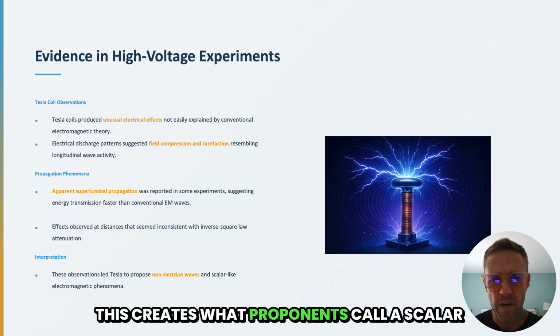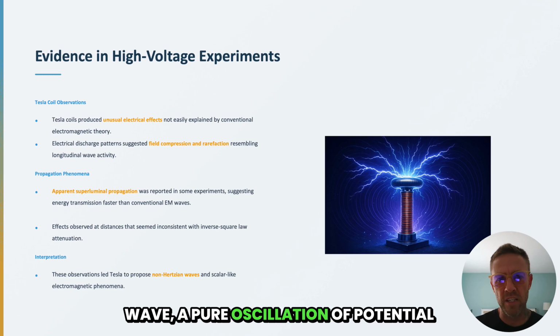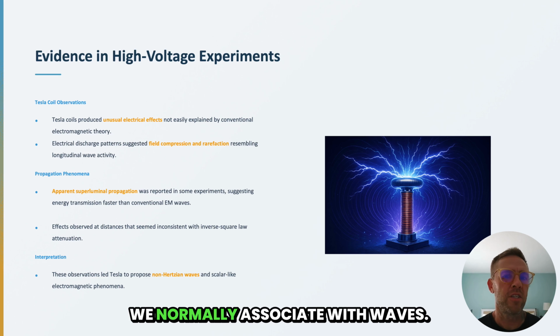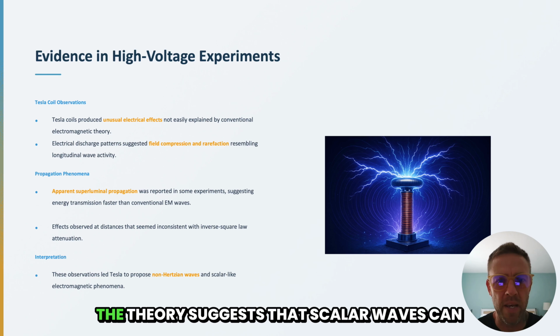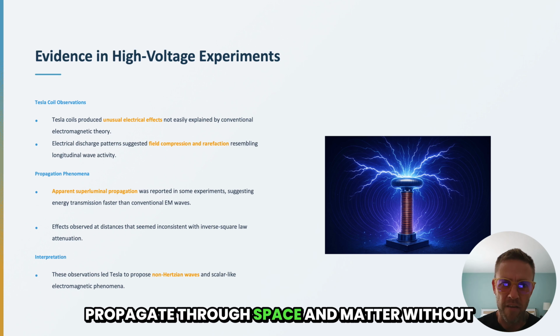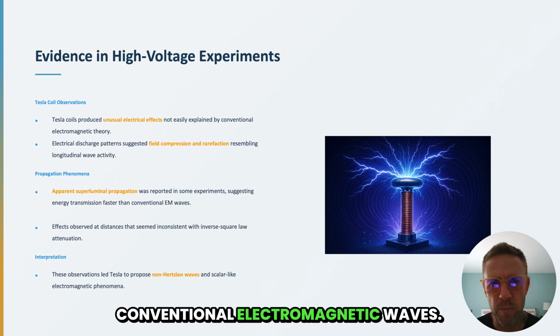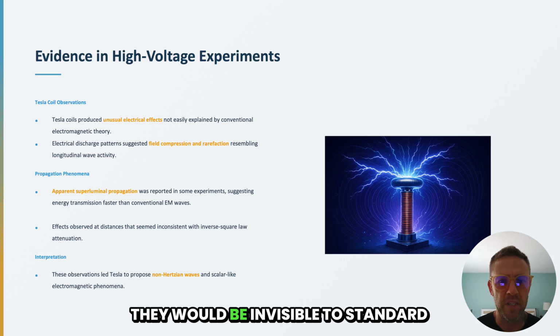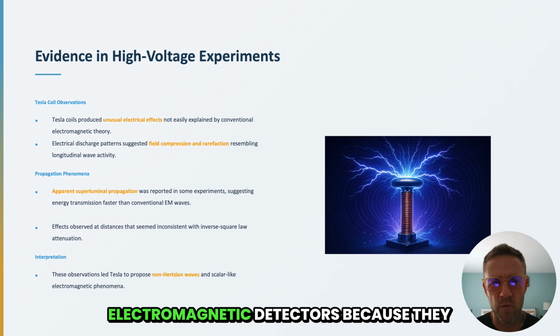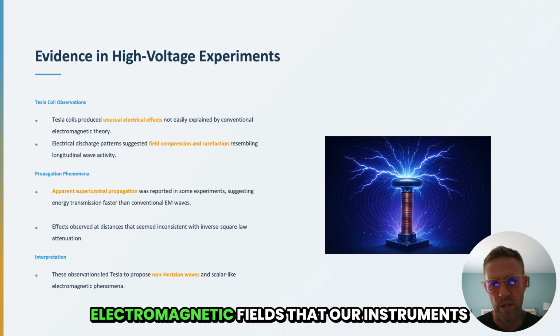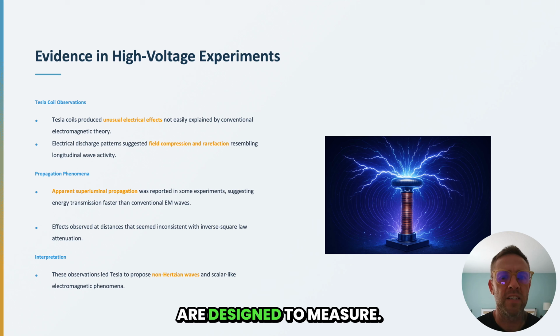This creates what proponents call a scalar wave, a pure oscillation of potential without the electromagnetic field radiation we normally associate with waves. The theory suggests that scalar waves can propagate through space and matter without the energy losses that affect conventional electromagnetic waves. They would be invisible to standard electromagnetic detectors because they don't produce the characteristic electromagnetic fields that our instruments are designed to measure.